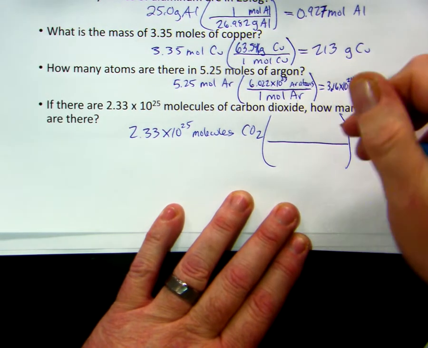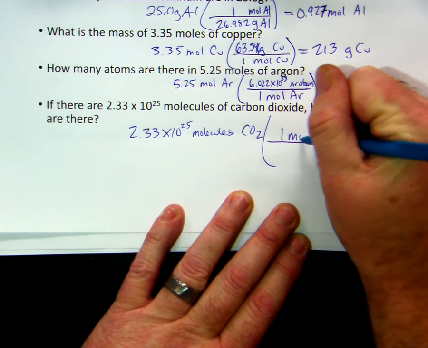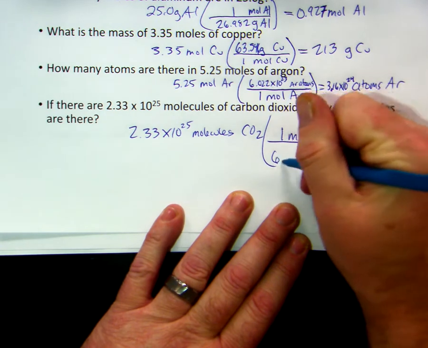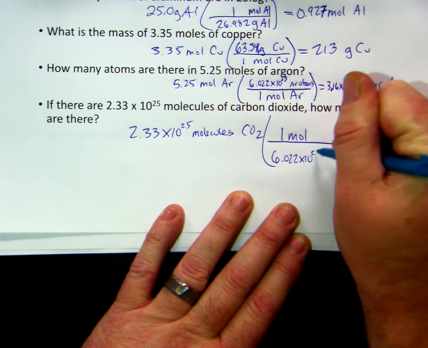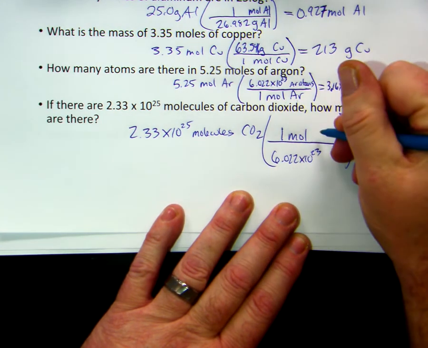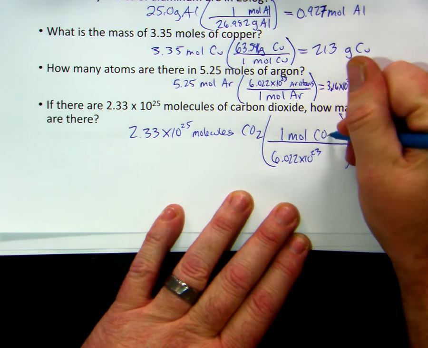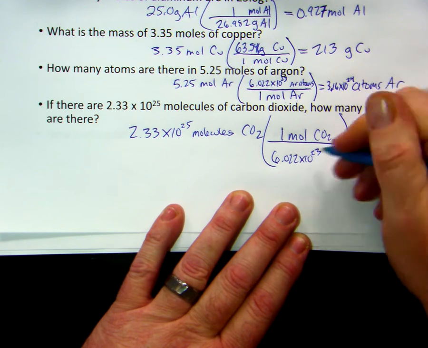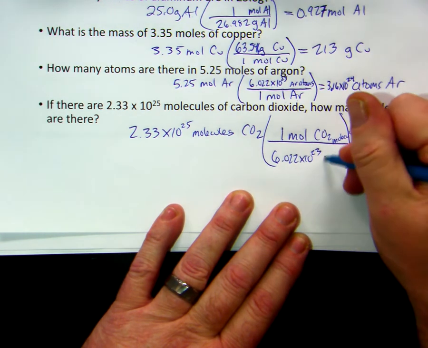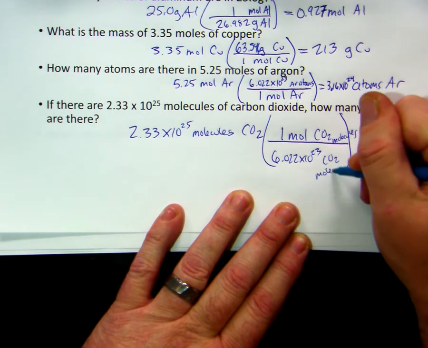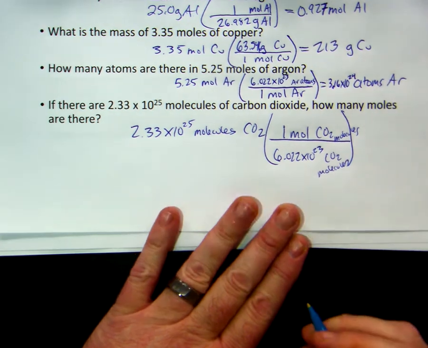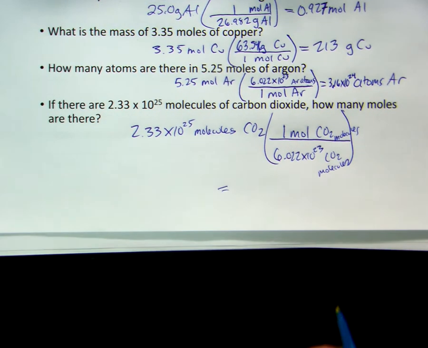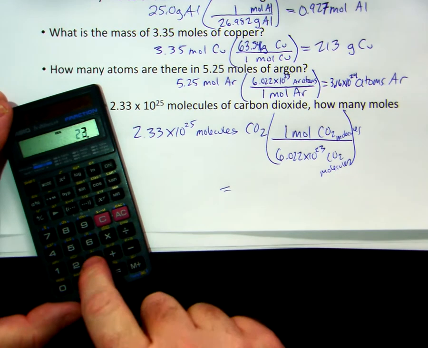So I'd say, all right, I have 1 mole of anything when I have 6.022 times 10 to the 23rd of that thing. So 1 mole of CO2 molecules when I would have 6.022 times 10 to the 23 CO2 molecules. So how many moles would that be? Well, we'll do the math.